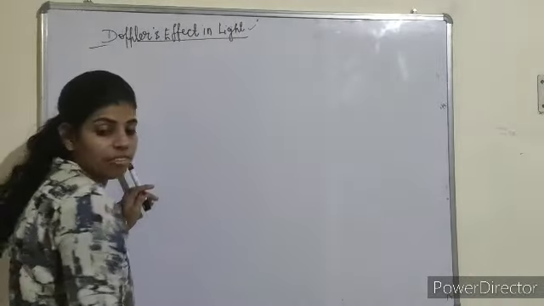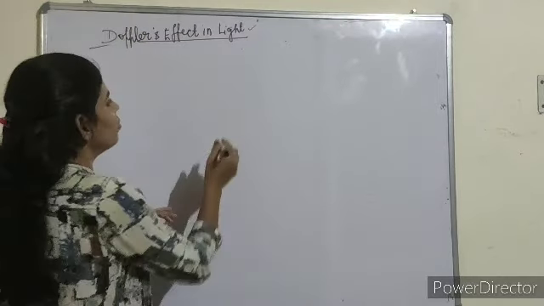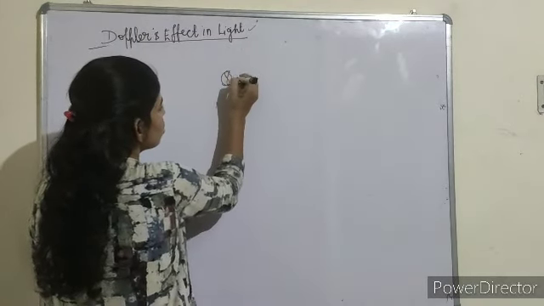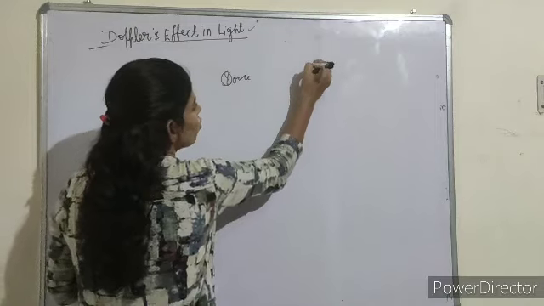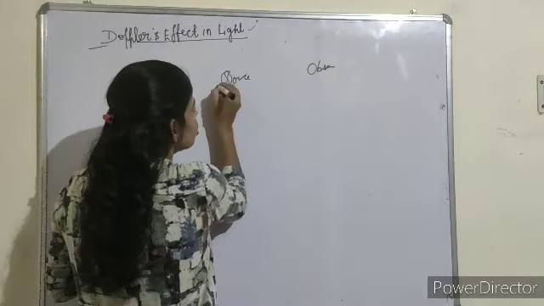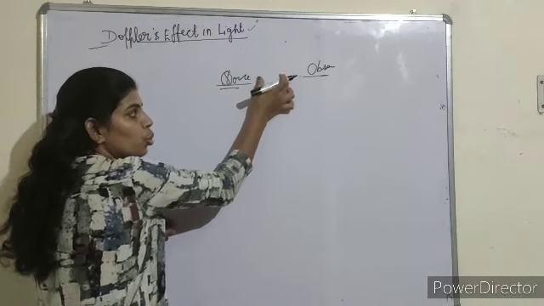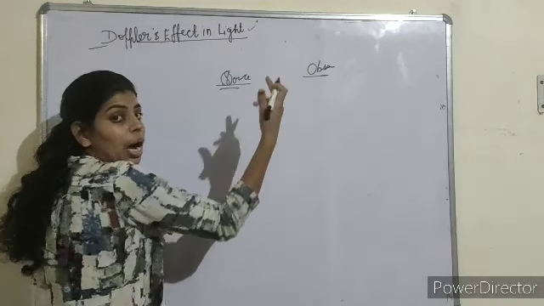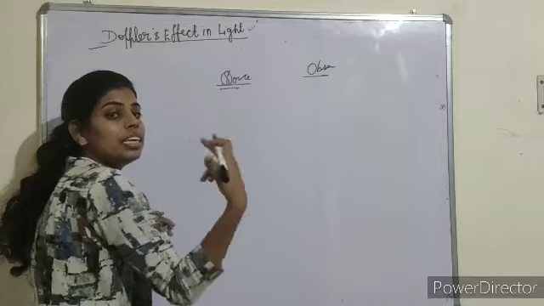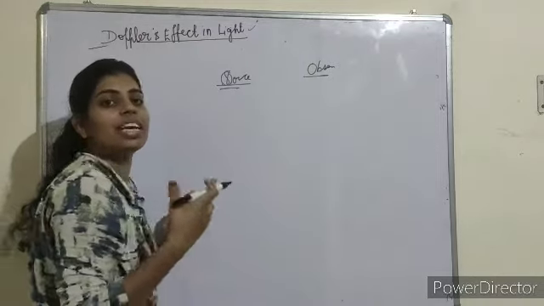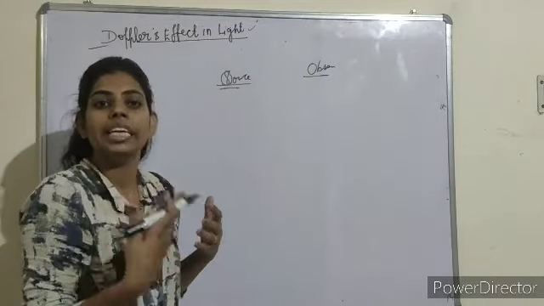Whenever the distance between the source of light and observer is decreasing, the apparent frequency of light increases.